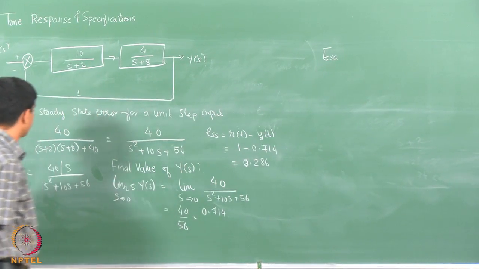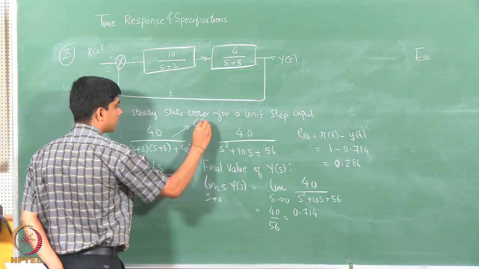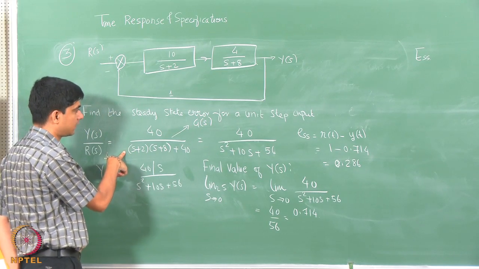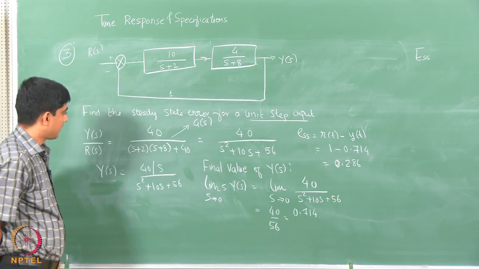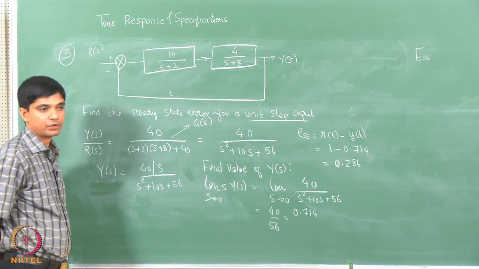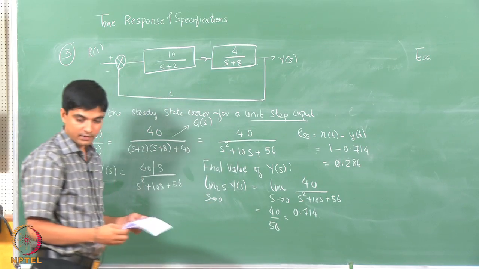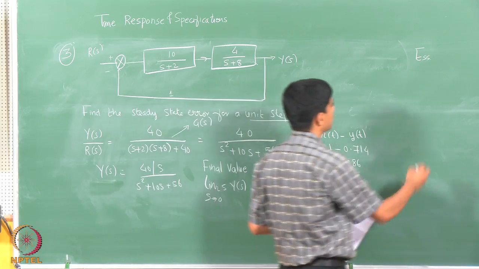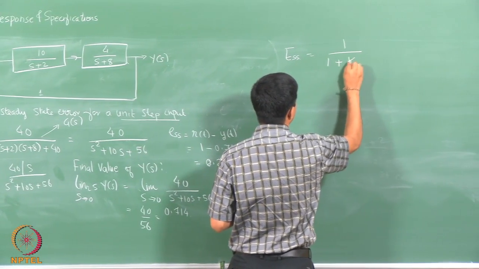So, this was called the G of s, it is a type 0 system and I am tracking a unit step, and I know that there will be some position error, of course this tells me already that. So, how would I compute that? Okay. So, ESS was 1 over 1 plus Kp, right.